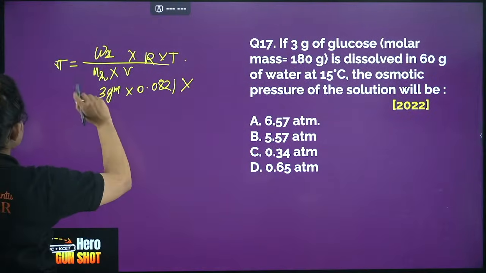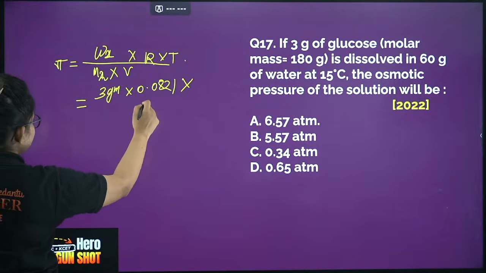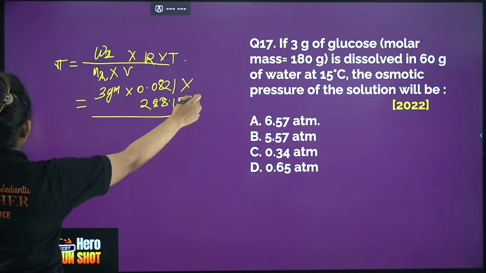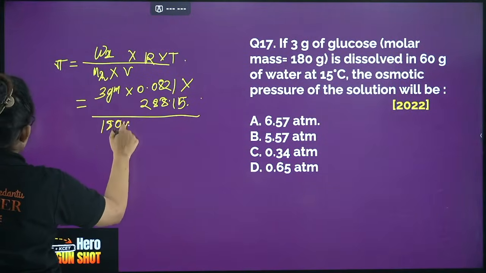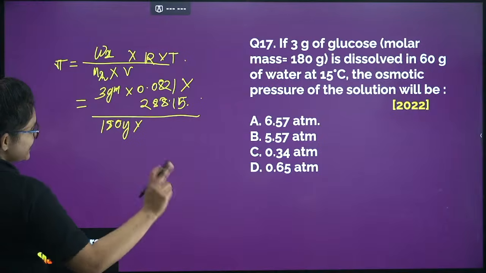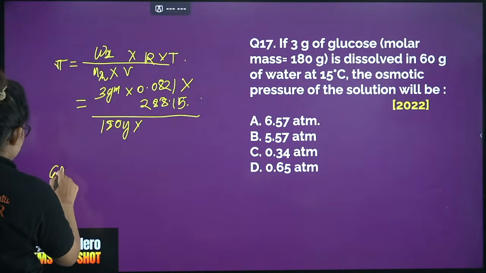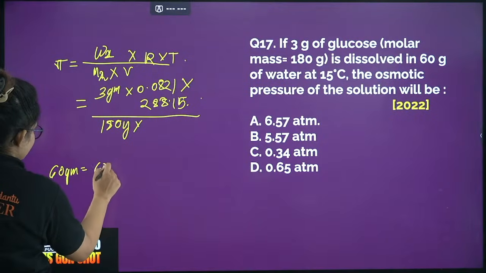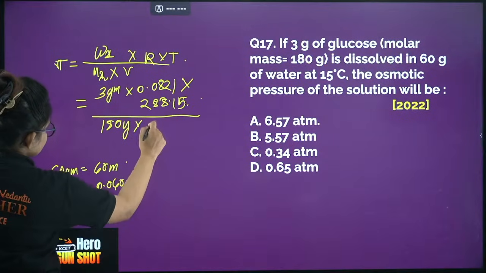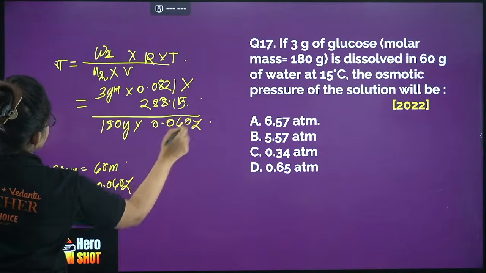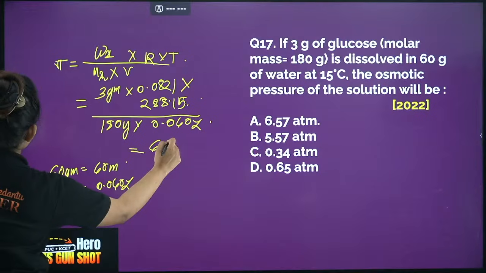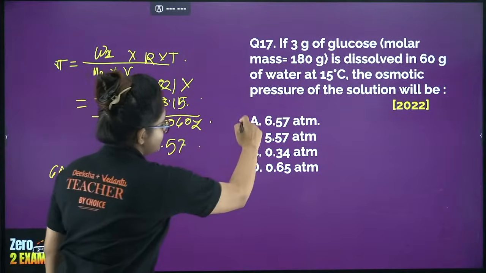Temperature is 15 degrees Celsius, so 273.15 plus 15 will come as 288.15 Kelvin, divided by 180 gram into the volume. 60 gram of water is basically 60 ml, and converting to liter that will come as 0.060 liter. If you calculate the entire thing, it will come as 6.57 atmosphere. Yes, option A is the correct one.